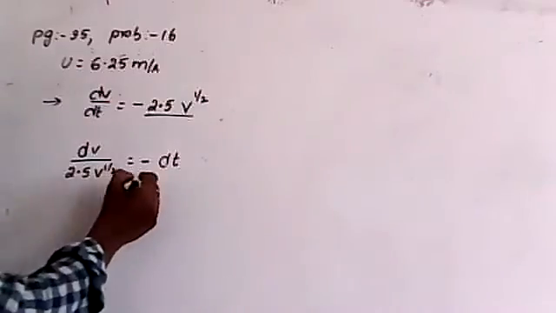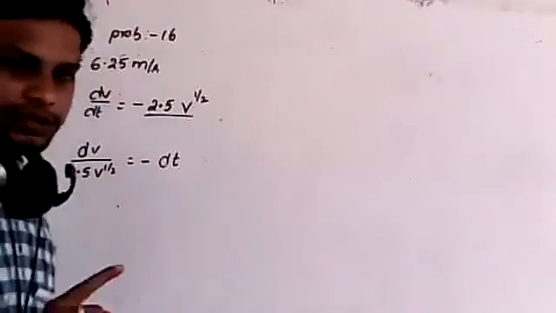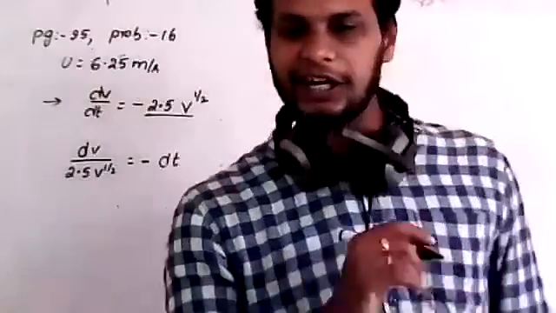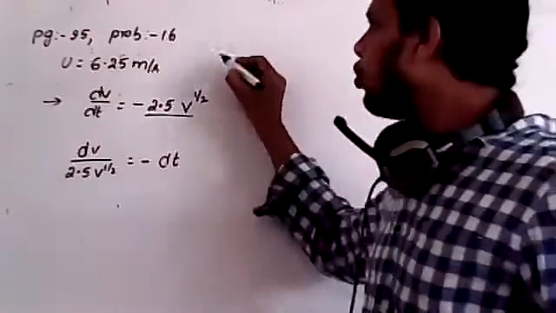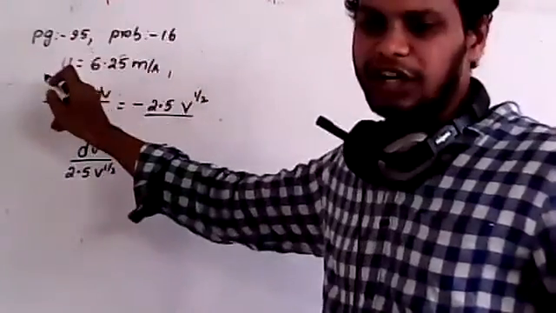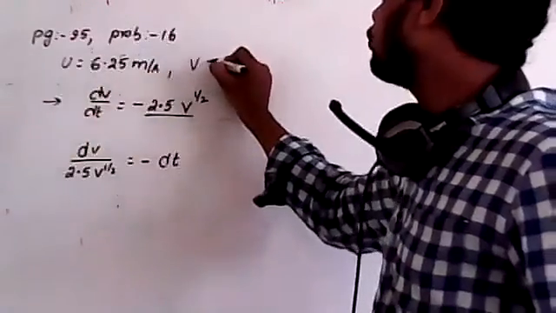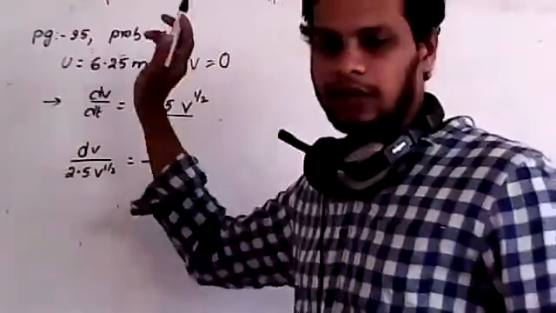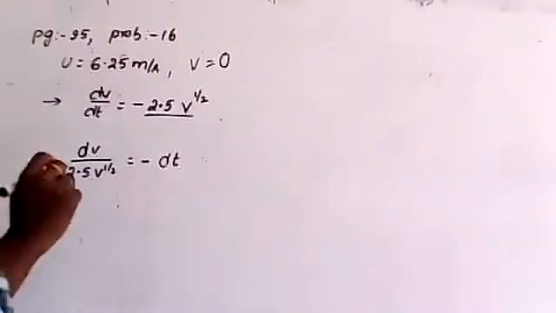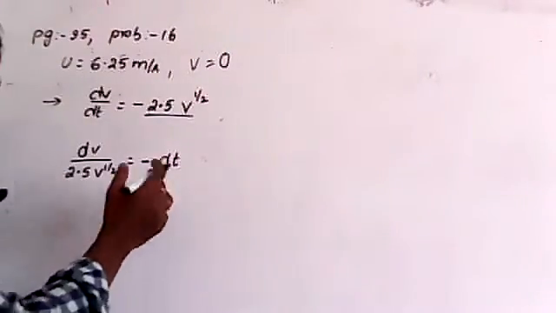Now I will take integration on both sides. When I do the integration, I will substitute the initial velocity and final velocity. The final velocity is 0 and the initial velocity is u. Now please try to understand how I modify this.